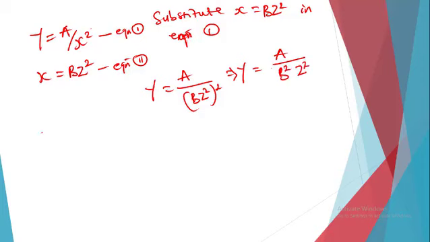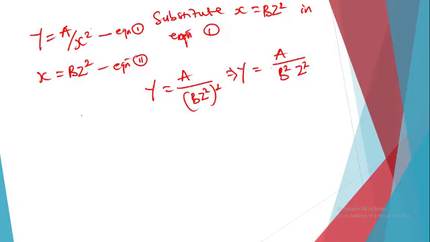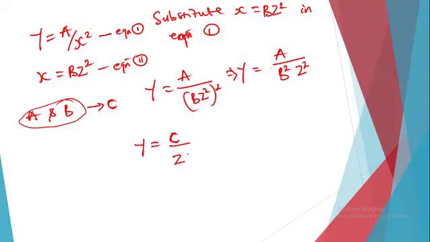But remember, in the question here we are told that C is given to be a constant. So by that, A and B are also constants, but can be replaced by C. So therefore we have Y equal to C all over Z raised to power 4.